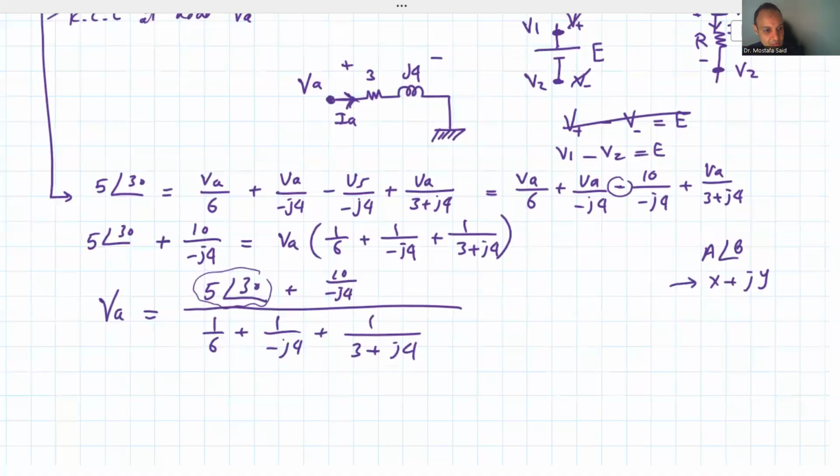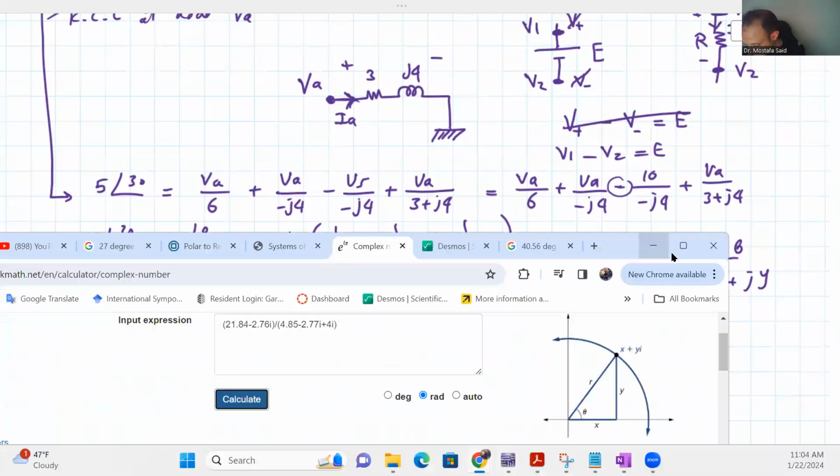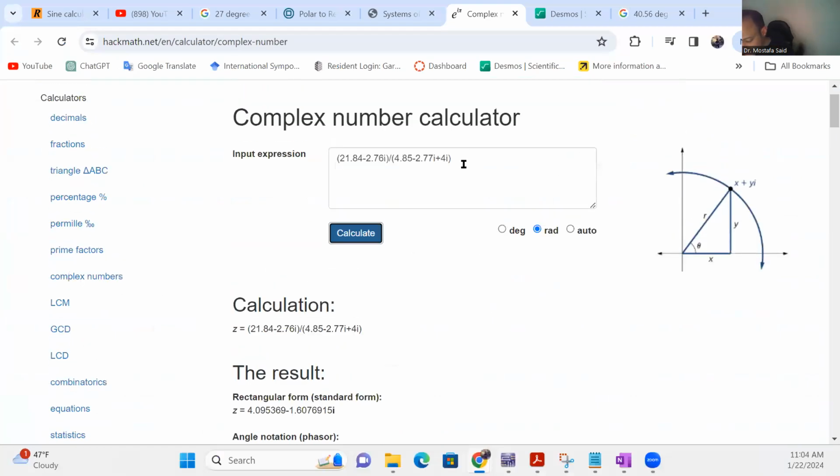Okay, here it is. So first, as you see, guys, here is a division that I did before. We need first to get the Cartesian form of the polar form 5 angle 30.